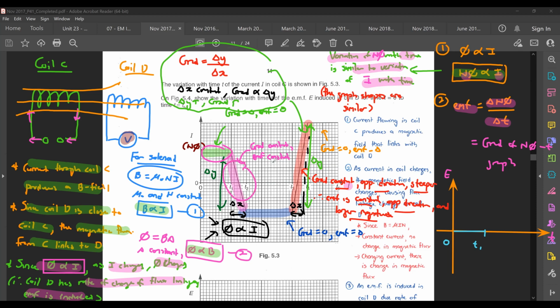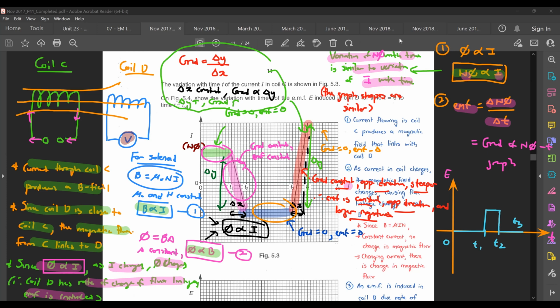You have the EMF of a certain value that is constant. It could be something like this, from T1 to T2. And then after that, this section here has 0 EMF because the gradient is 0. So you get 0 over here. This is from T2 to T3.